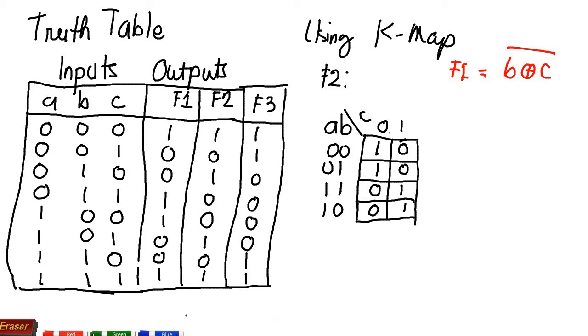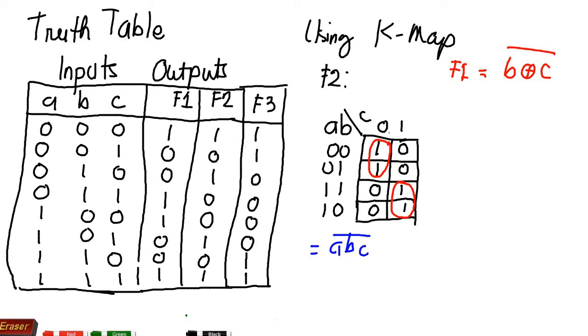Next, we're going to group this one. We're going to use the red color so that it is clear. The grouping: this is the first group, and this is the second group. So we're going to find now the equation. The first group, you have A, B, C bar.